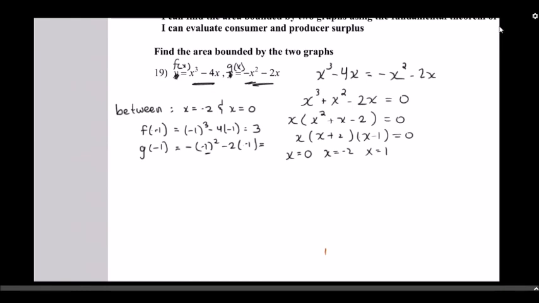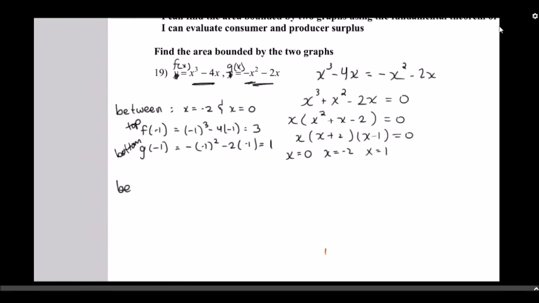Well, -1 squared is 1, but then multiply it by that negative, so it's -1. -1 plus 2 is equal to 1. So that means this one, since it had a higher value, is the top function, and that one's the bottom function. But that's just between -2 and 0.